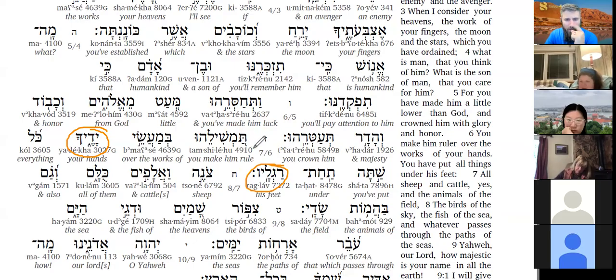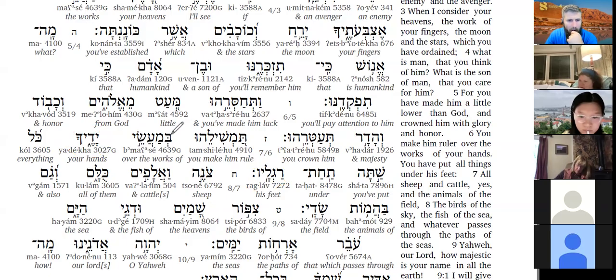Fair. I mean, within a verse there's usually parallelism, but yes, there could also be parallelism over multiple verses. Okay, wait a second. When I think of ma'aseh yadecha, I'm going to disagree with you on yadecha and raglav, because yadecha is the hands of you, O Lord, and raglav is of mankind.